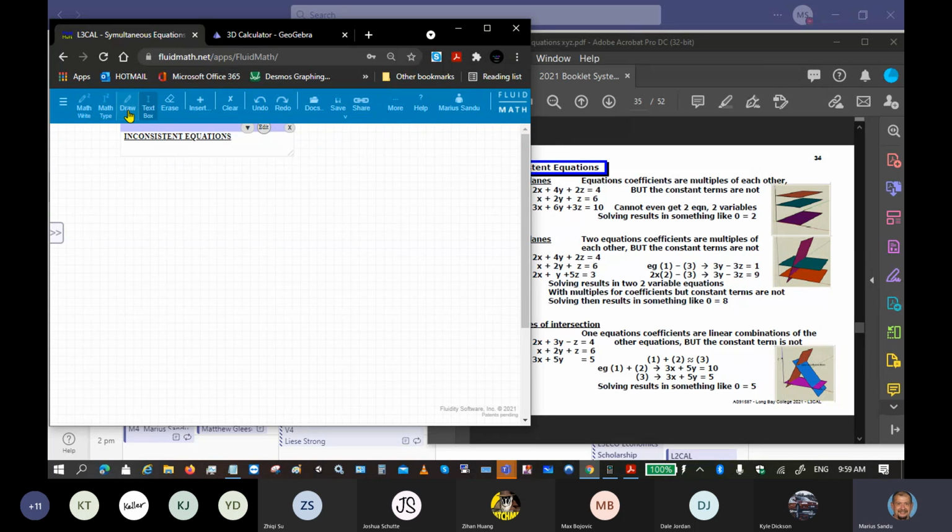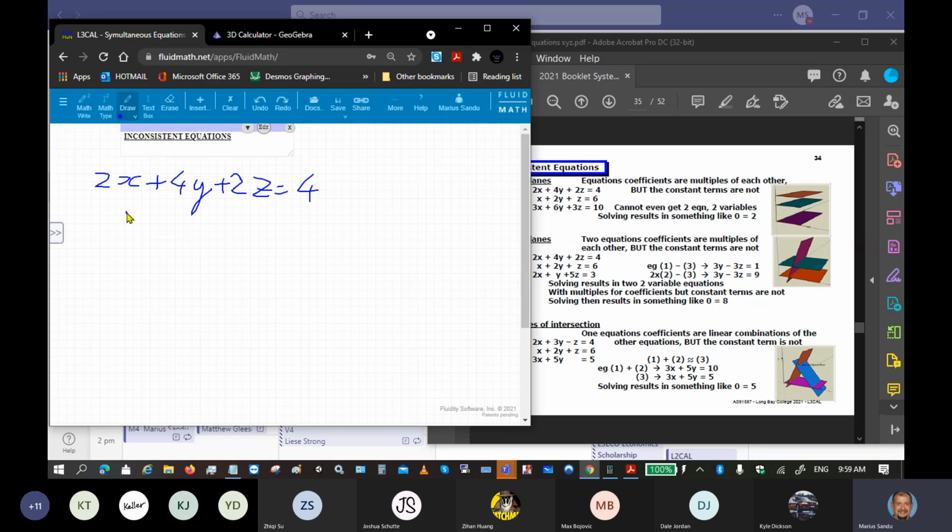And now let's enter those equations. So I've got 2x plus 4y plus 2z is equal to 4.